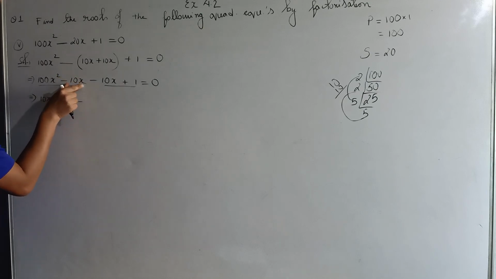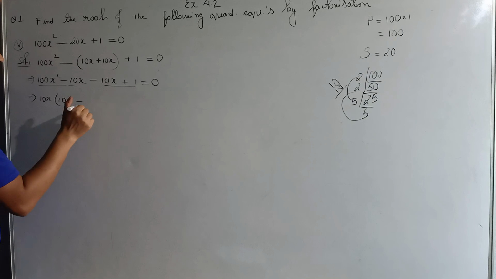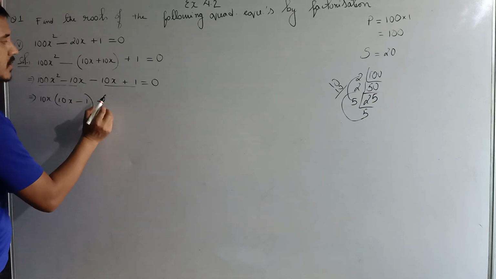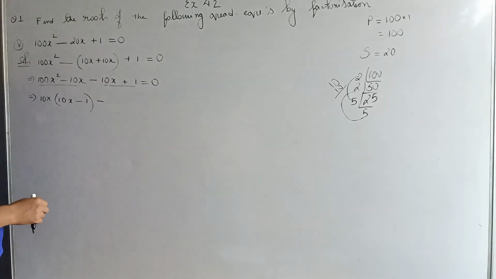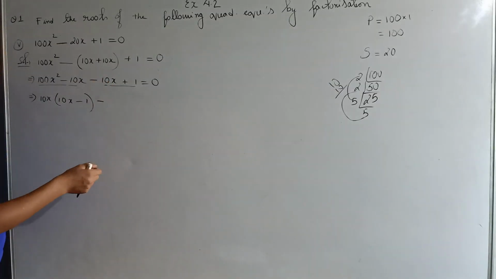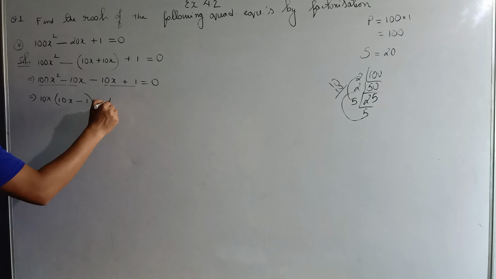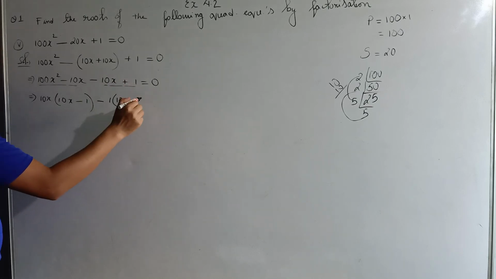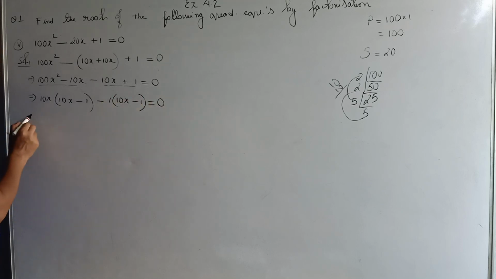Next term is 10x, but we have taken 10x common, so 10x times 1 is 10x. This is minus, so we write minus. From the next pair containing 2 terms, we do not have any common, so we take 1, then minus 10x gives you plus, and then 1 equals to 0.